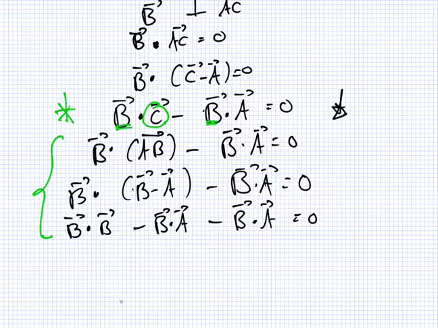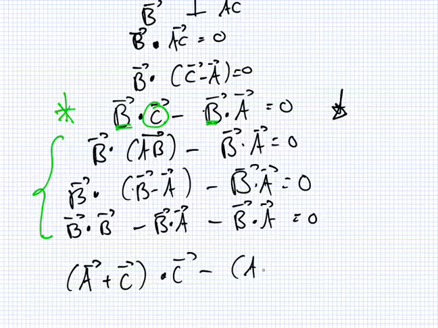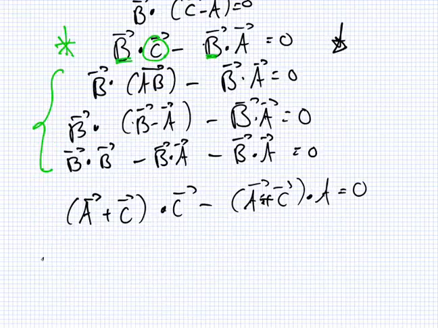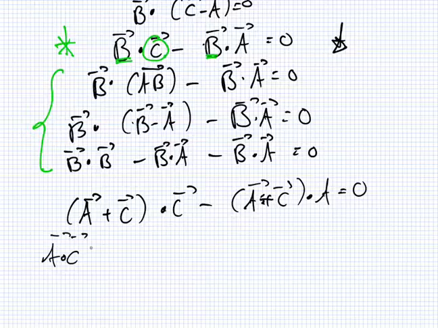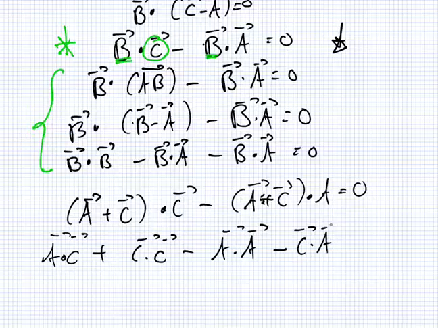I'm replacing the B with A plus C. So it's A plus C dot C minus A, sorry, A plus C dot C minus A. So this will be A dot C plus C dot C minus A dot A minus C dot A. Now we're talking.